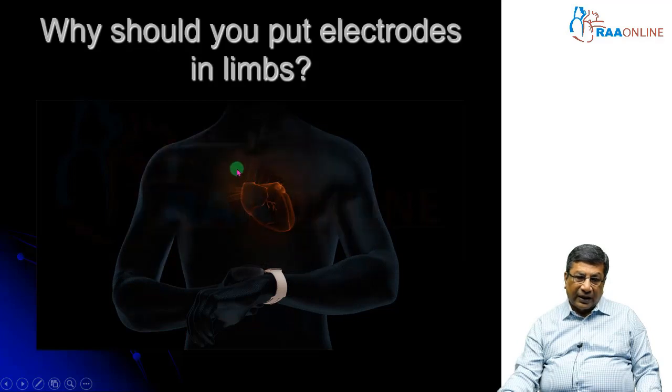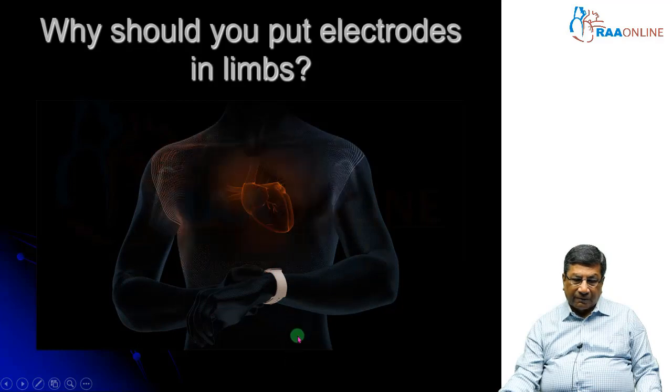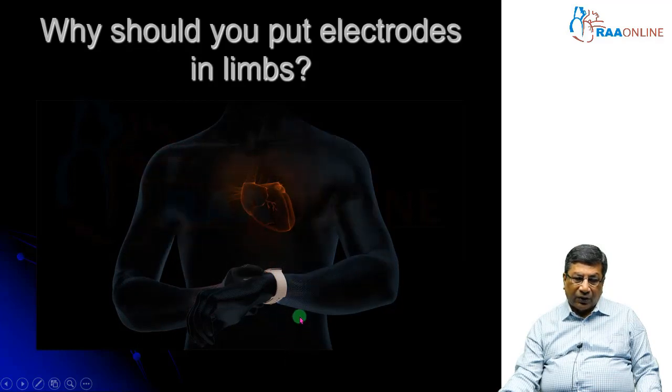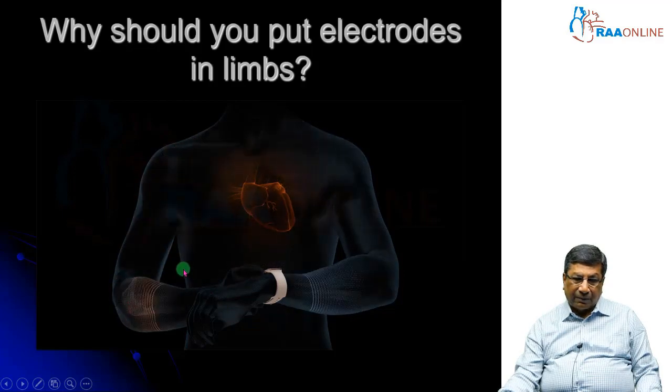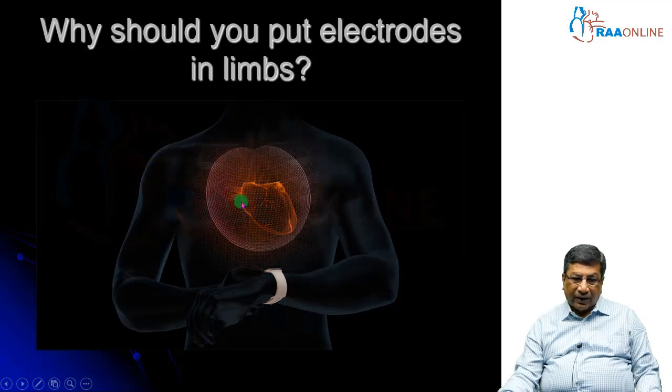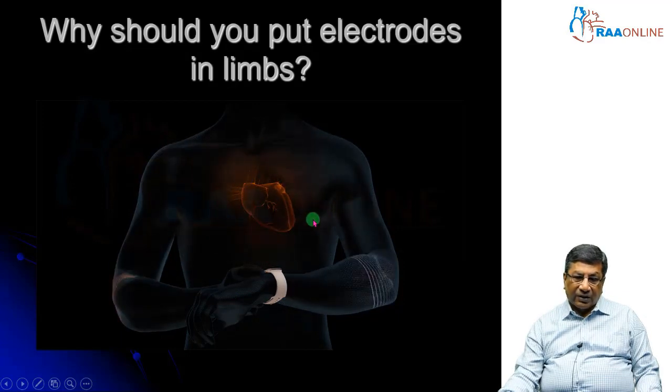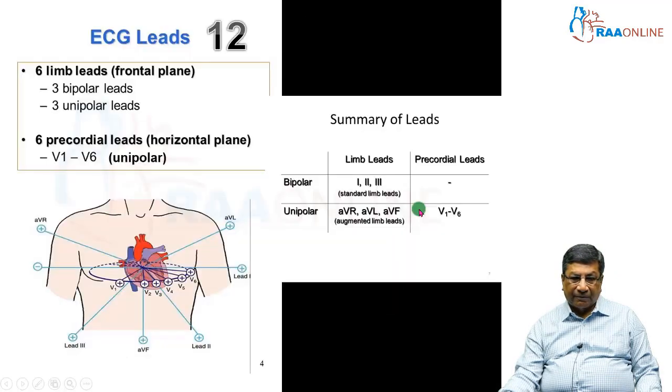It is spreading all over the body through the blood and body fluids. So we utilize this property to see the electrical activity of the heart from the upper limbs and from the lower limbs. When we see the electrical activity from the lower limbs, we try to see the inferior surface of the heart. When we see the electrical activity through the right upper limb and the left upper limb, we try to see what is happening to the lateral surface and what is happening to the medial surface. So we utilize this property to see the other surfaces of the heart.